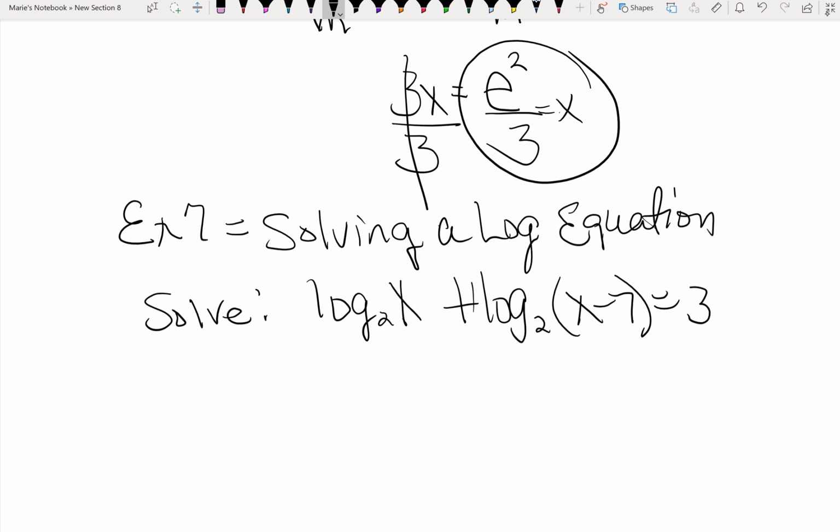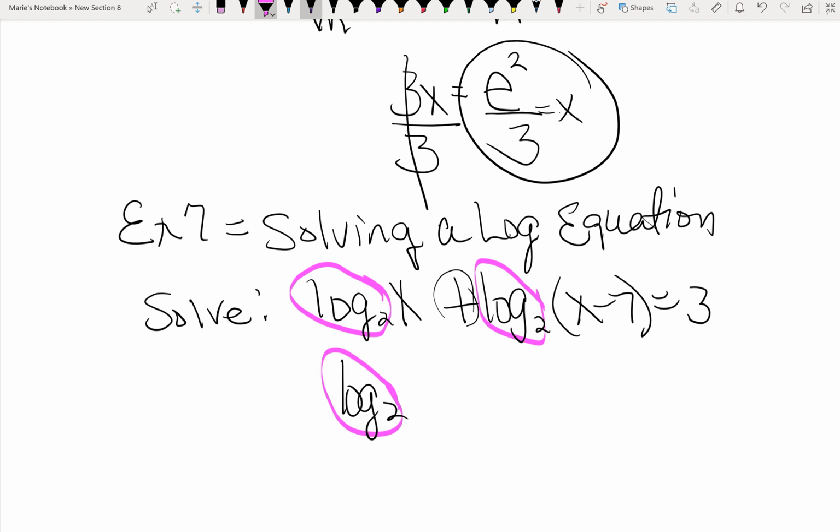Remember when we did the product, I said to you, if it's a product, it's actually the addition of the exponents, which is the addition of the logs, right? Because that's what these are. These are exponents. So this becomes log base 2, because that is common to these two terms. I'm going to leave this as log base 2 of the product, x times x minus 7, equal to 3.